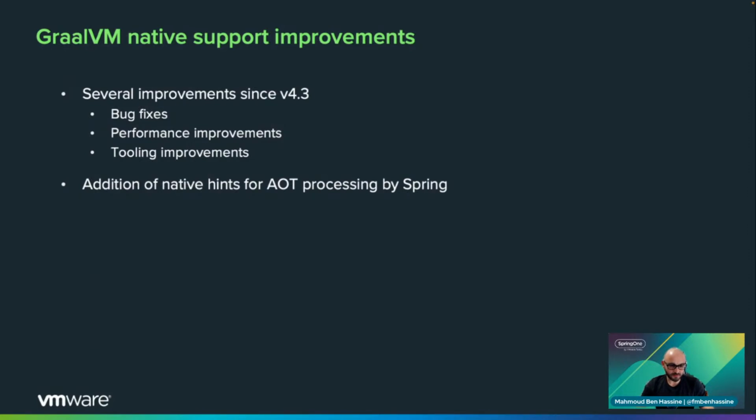This is the kind of work that every project in the portfolio had to do. We add the reflection hints, resource hints, and so on. All of these hints are necessary to natively compile your application to a native executable. And Spring Batch 5 contains all of these. You don't have to add them yourself.